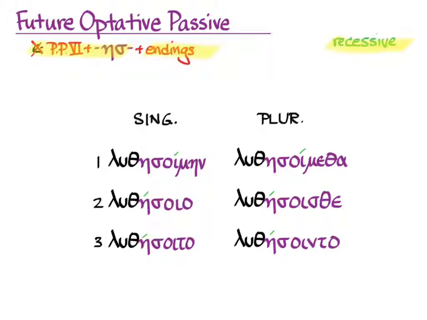Let's continue on then to the future infinitive active, which again will come from the second principal part plus an ending, which should be no surprise to you, is ein, just like the present infinitive active ending. So if you put that together with the stem from the second principal part of luo, you get lusein, and its recessive accent will make it look like this.